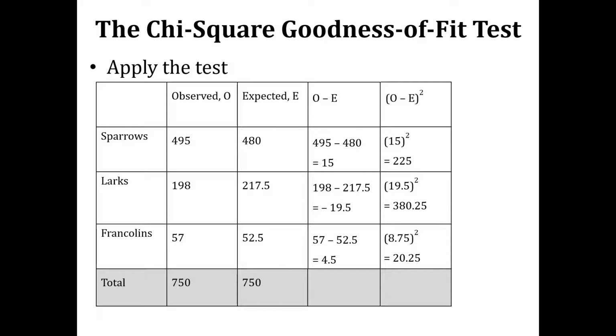So 15 square, which is the square of the difference between observed and expected frequencies of sparrows, 19.5 square, which is the square of the difference for larks, and 8.75 square, which is the square of the difference for francolins.